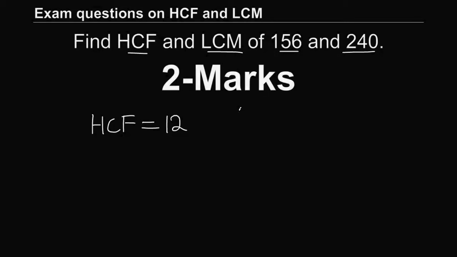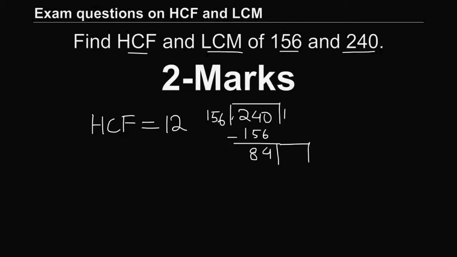For Euclid's division lemma method, we take the larger number and divide it by the smaller number. So here it is 156. When we divide, we get 156, and here this will be 4, and we will have 3, it will be 13, so this will be 8. Now this becomes the divisor, and the new dividend is now 156.